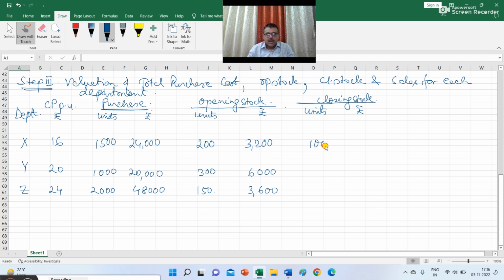It is given as 100 units, 160 units for department Y, and 200 units for department Z. So the value of closing stock of department X is 16 multiplied by 100, you will get 1,600. 20 multiplied with 160, you will get 3,200. 24 multiplied with 200, you will get 4,800. So this way we have computed the purchase cost of each department, the opening stock, as well as closing stock of each department. Now the sales.